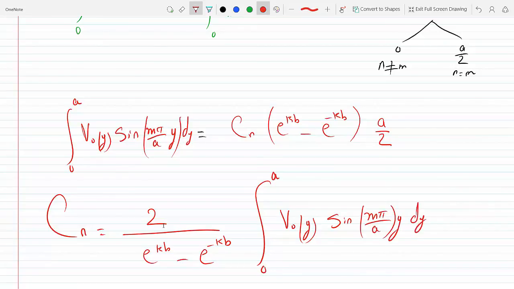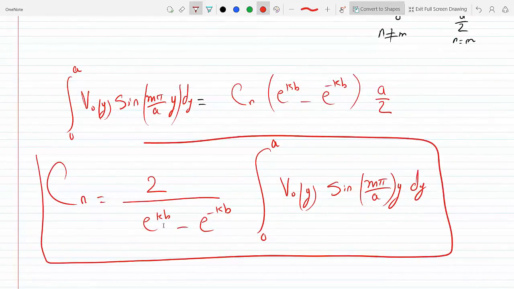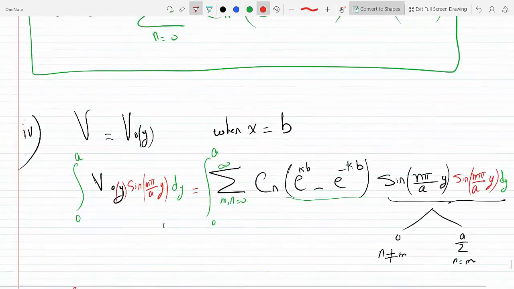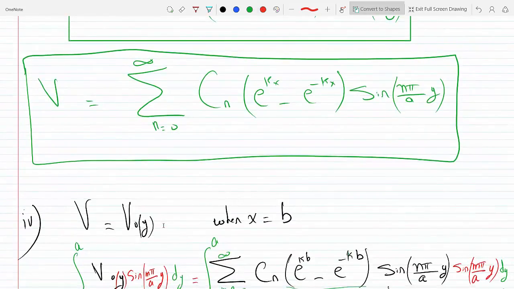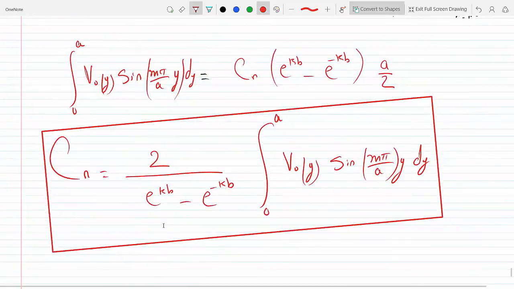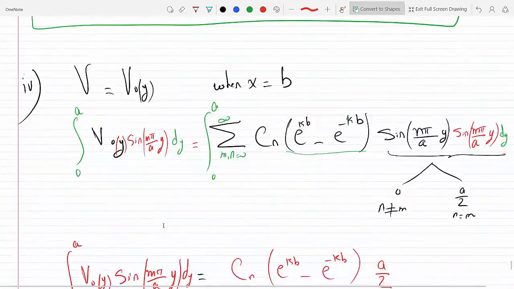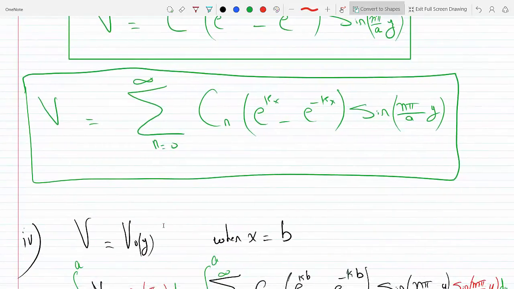This is my coefficient, and I can just plug it in here for v, and that would be my potential. Now we're sort of done, because this Cn coupled with this equation characterizes the potential in the rectangular plate. You just replace Cn here with what we got.